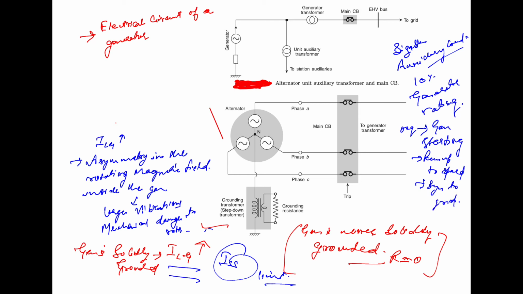So there is a switching facility to energize this unit auxiliary transformer directly from the grid.